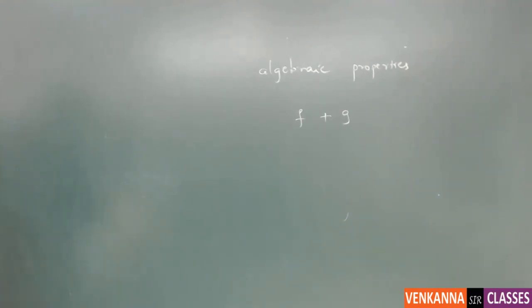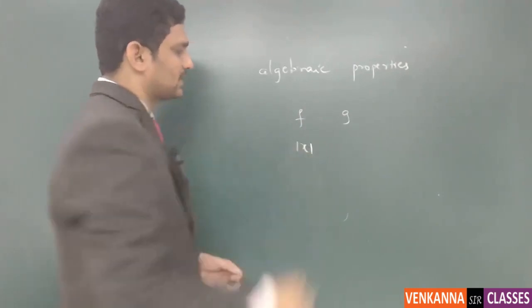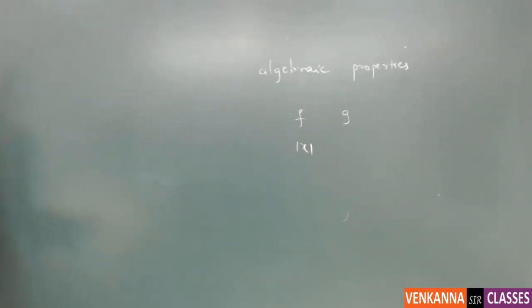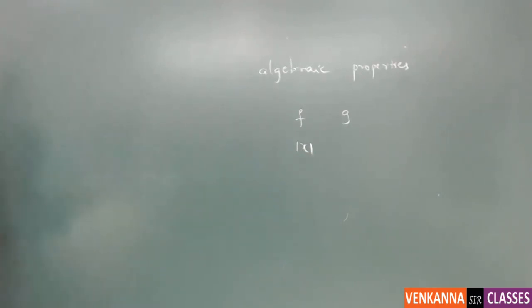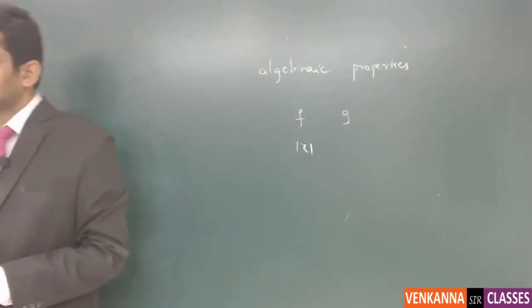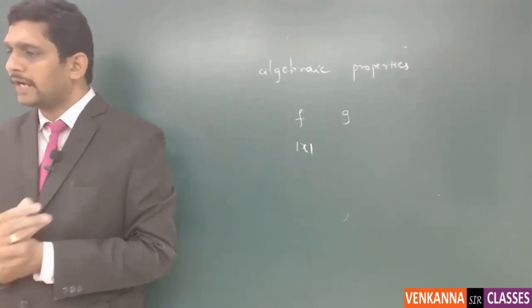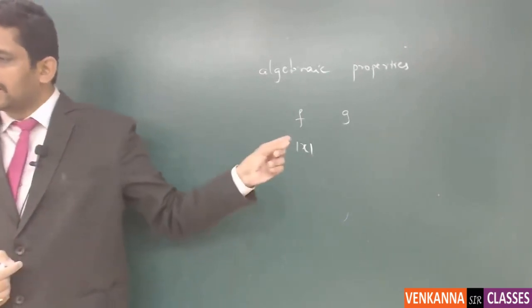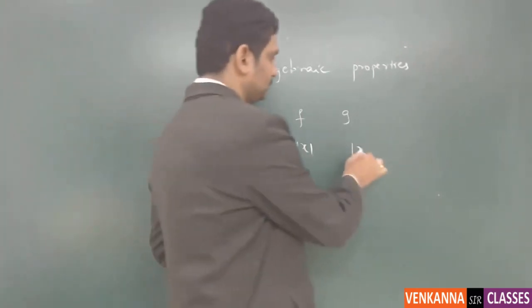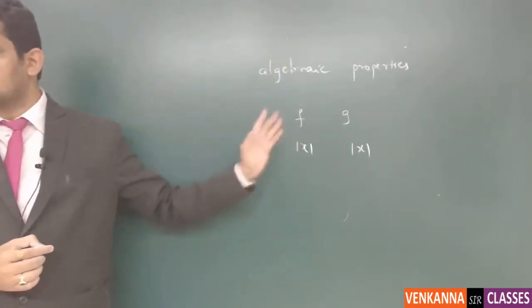Right. Now, let us take one simple example that you simply take the function as mod x. Now, is mod x a differentiable function at the point 0? No, because we have done it already. Mod x is not differentiable at 0. Right. You take the other function also the same. You take f and g as the same functions, mod x and mod x.